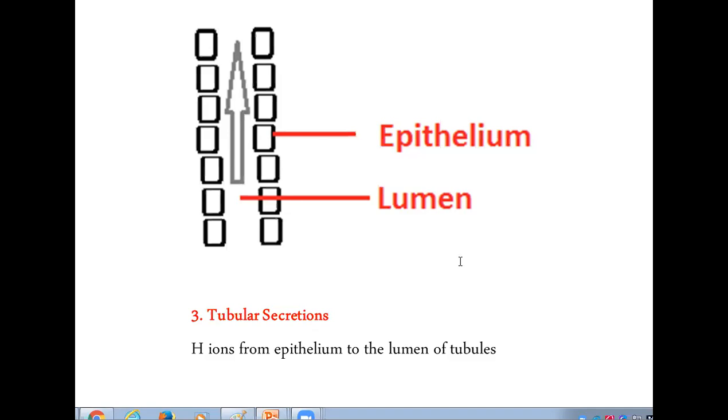Urine formation process comprises 3 steps. Number 1, pressure filtration. Number 2, selective reabsorption. And number 3, tubular secretion.